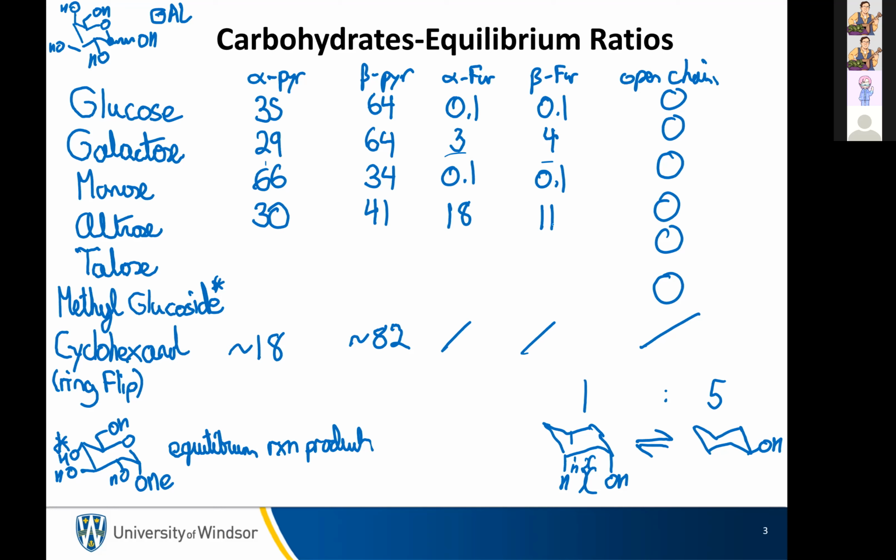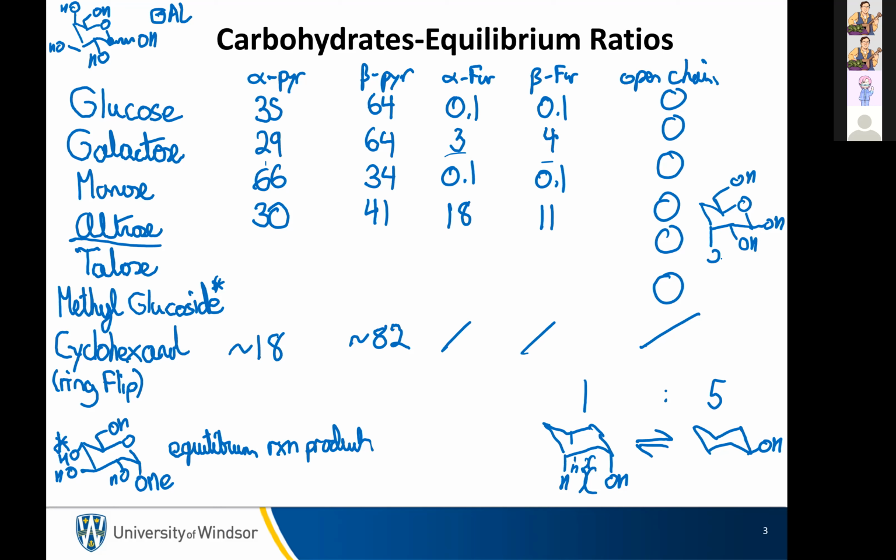Ultros, sorry. Ultros is over here. I'll just show the structure. Again, squiggly line at the anomeric position because I'm not defining if it's alpha or beta, because we have both here.